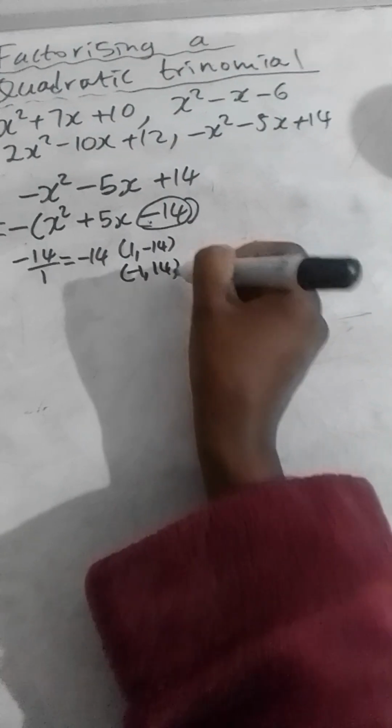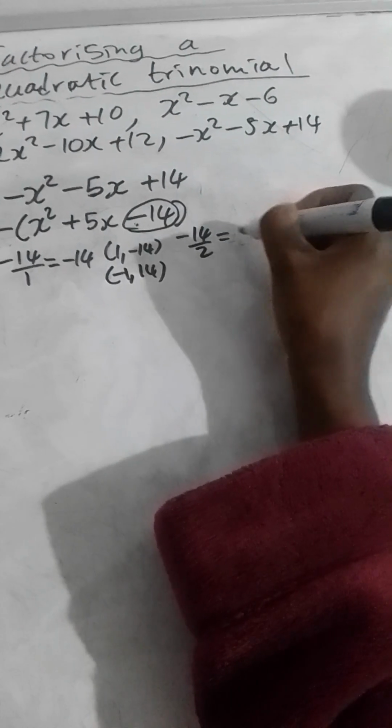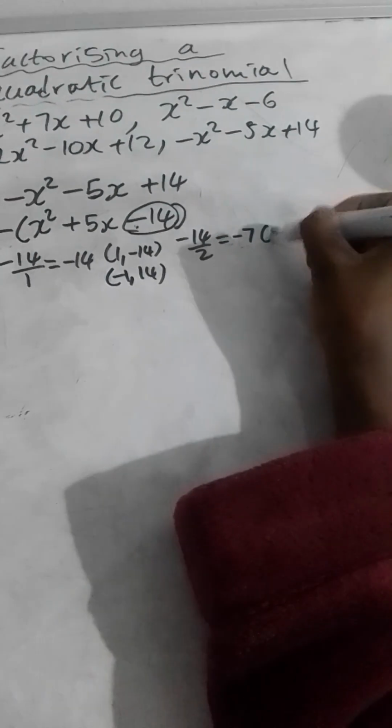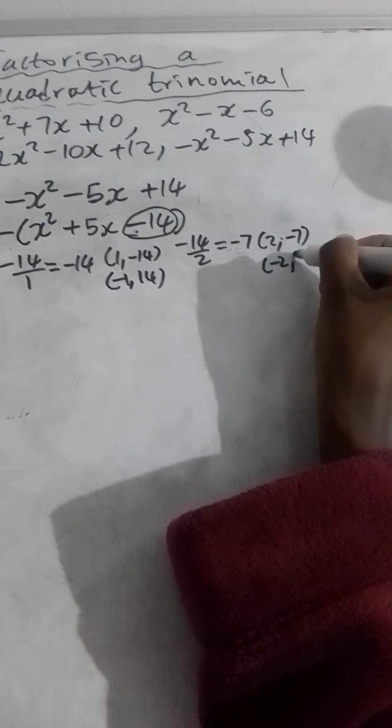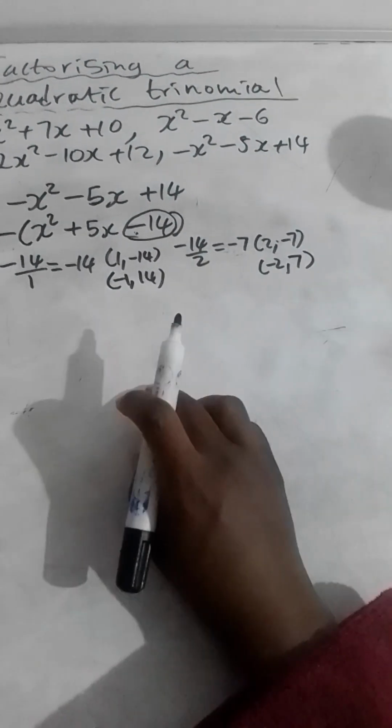So we get 1 and negative 14. And then we get the other pair by changing the sign. So negative 1 and 14. And then negative 14 divided by 2 is negative 7. So we get 2 and negative 7 and negative 2 and 7. Remember, we get the second pair by changing the signs of the first pair.